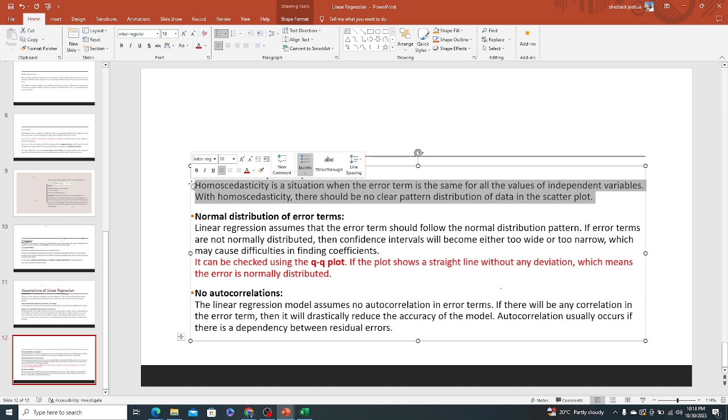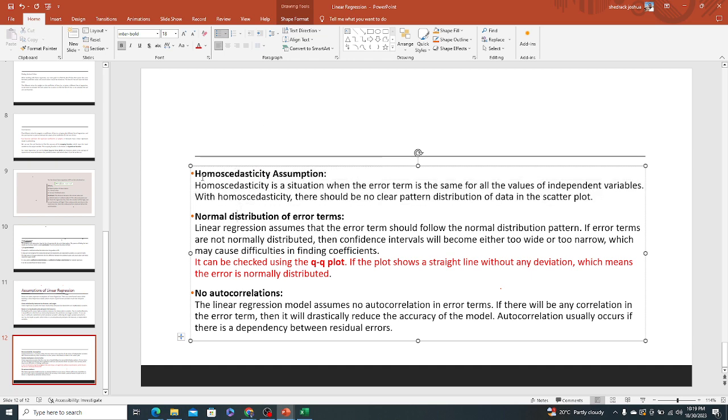So with that, of course, it will affect. If you find it is more of heteroscedasticity, definitely it will affect your output. So you will have to do some control measures. You can even go and research more about the correction measures in case the homoscedasticity assumption is violated. How do I correct it?